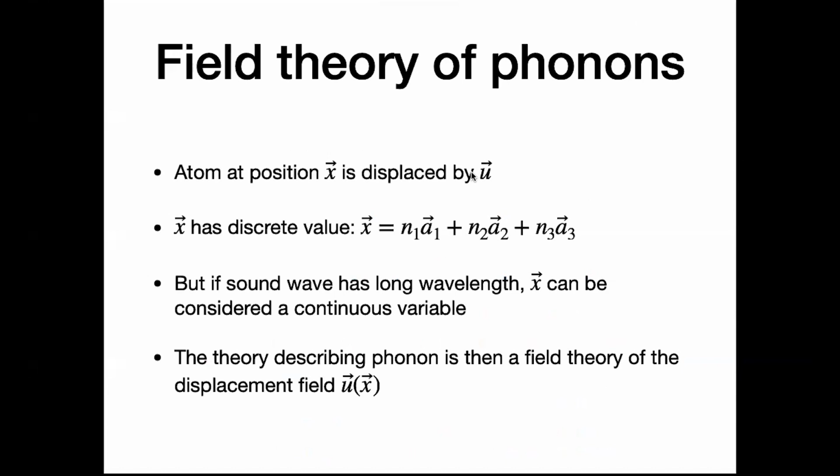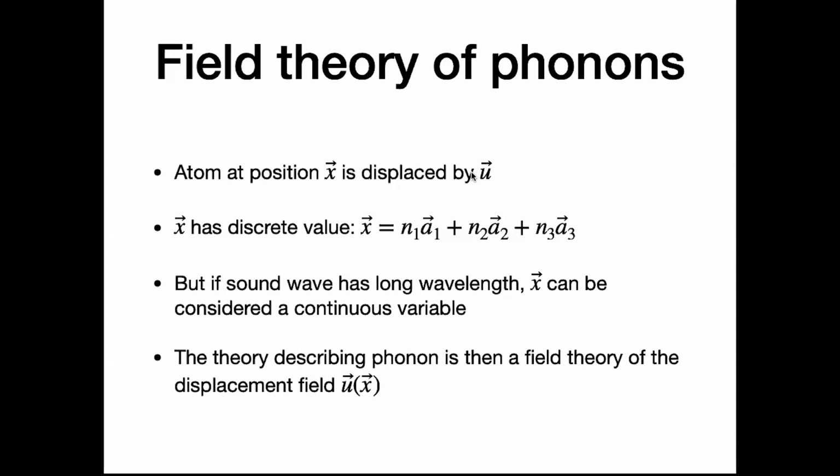In a real crystal, x has discrete values because x is the position of the atom in the original lattice. So x can be decomposed into basis vectors of the lattice a1, a2, and a3, times three integer numbers n1, n2, and n3. And u is a function of n1, n2, and n3.